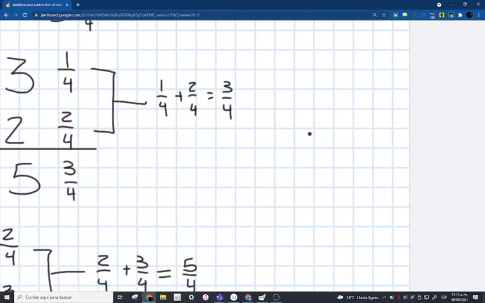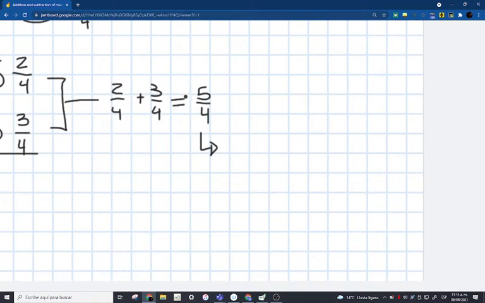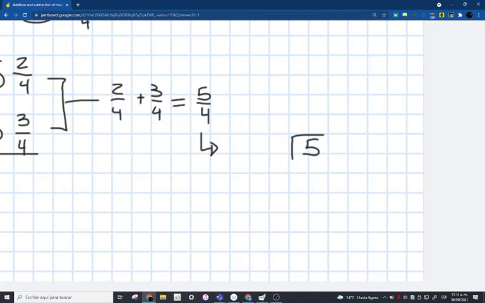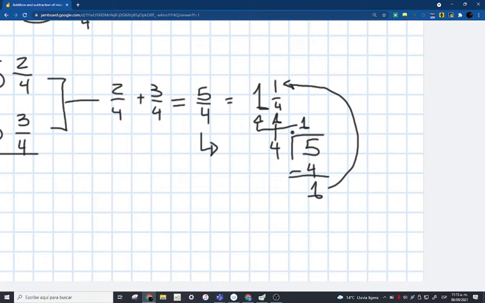Let's transform this into a mixed number. Remember, this is with division. So 5 divided by 4. The 4 fits in the 5 one time. 1 times 4 is 4. We subtract and the result is 1. And we can form the mixed number like this: 1 and 1/4. Look, this one always comes here. The 4 comes here, and the remainder goes to the numerator. Okay, so it's 1 and 1/4.